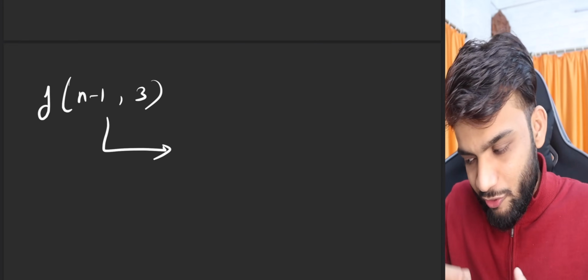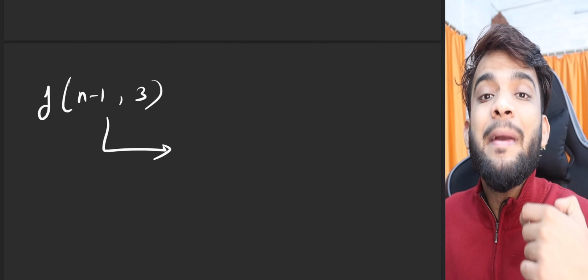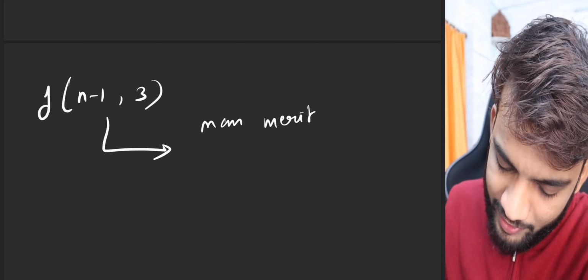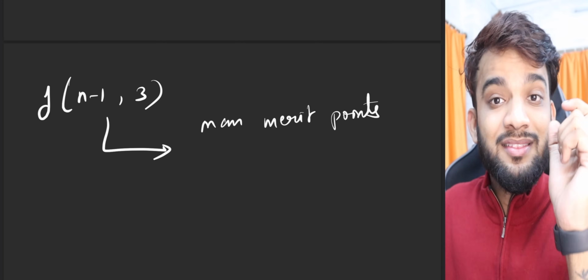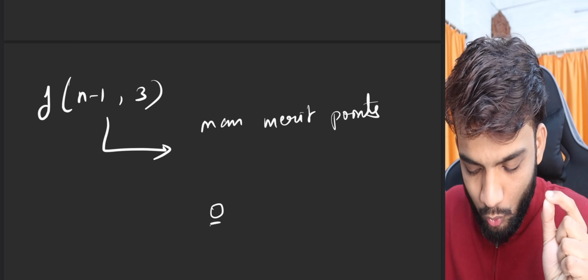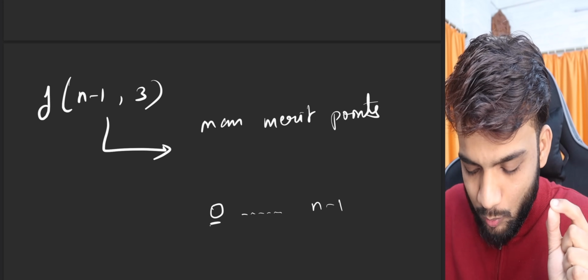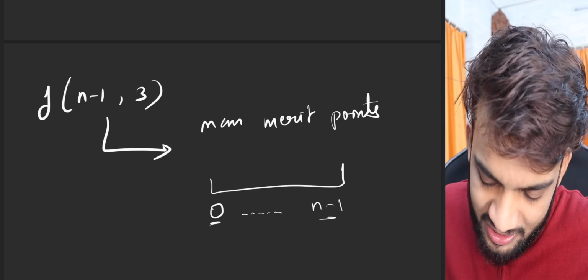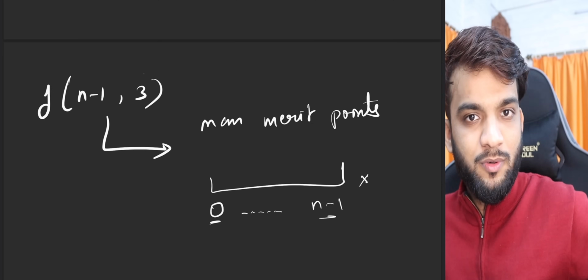What does this recurrence mean? Give me the maximum merit points that you can earn on the array that starts from 0 and ends at n minus 1, and before n minus 1 you performed 3, which means no task was performed. Got it?